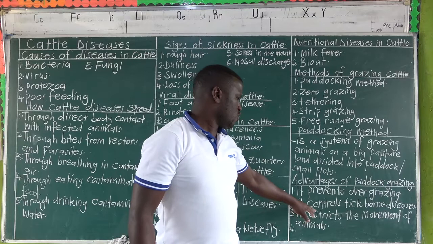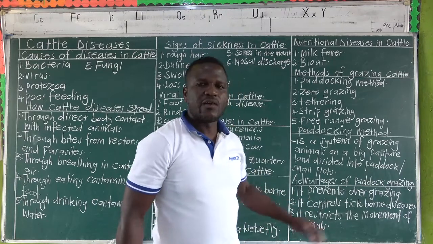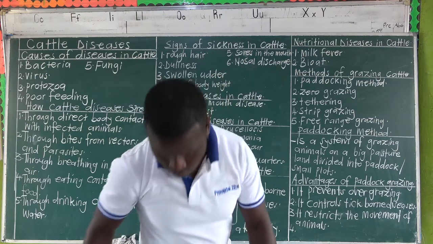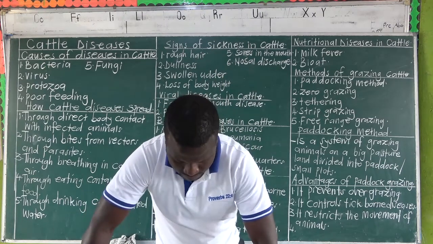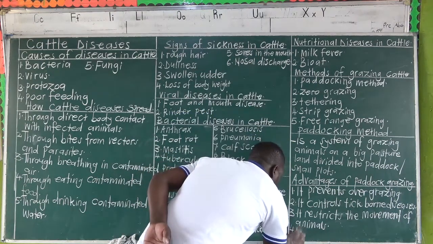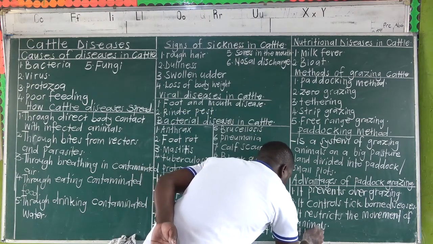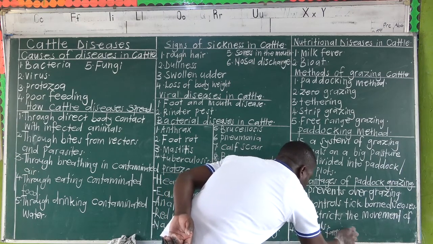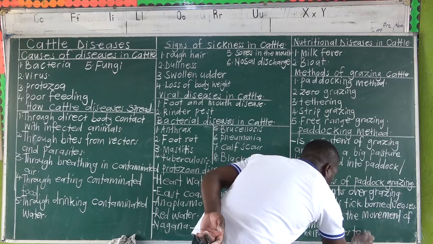Then it controls tick-borne diseases. How does it control tick-borne diseases? It breaks the life cycle of ticks. It helps farmers to isolate sick animals.